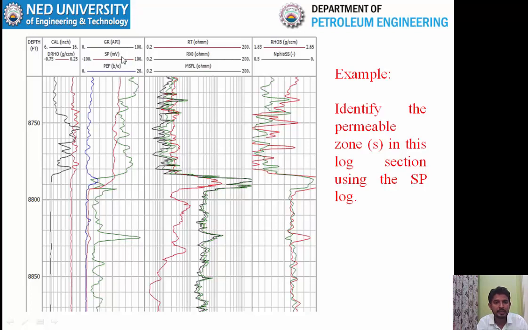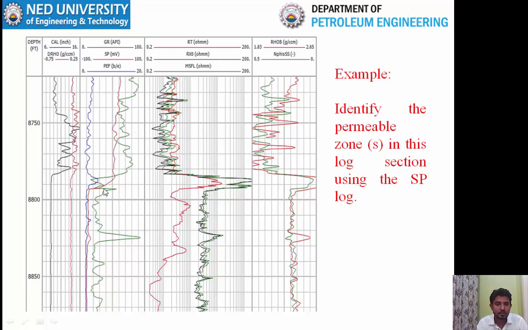And as you can see, the SP log is plotted with the gamma ray log. The gamma ray scale is from 0 to 100 API, and we know that when gamma ray is very high, it indicates that this zone is the shale or the shaly zone, and when the gamma ray is low, it means that this zone is less shaly, or the sandstone or the shaly sandstone.